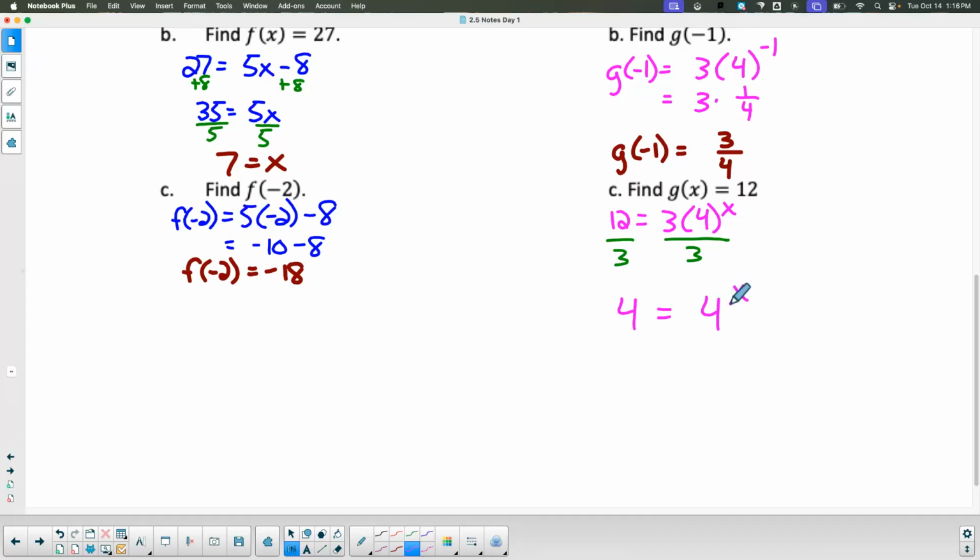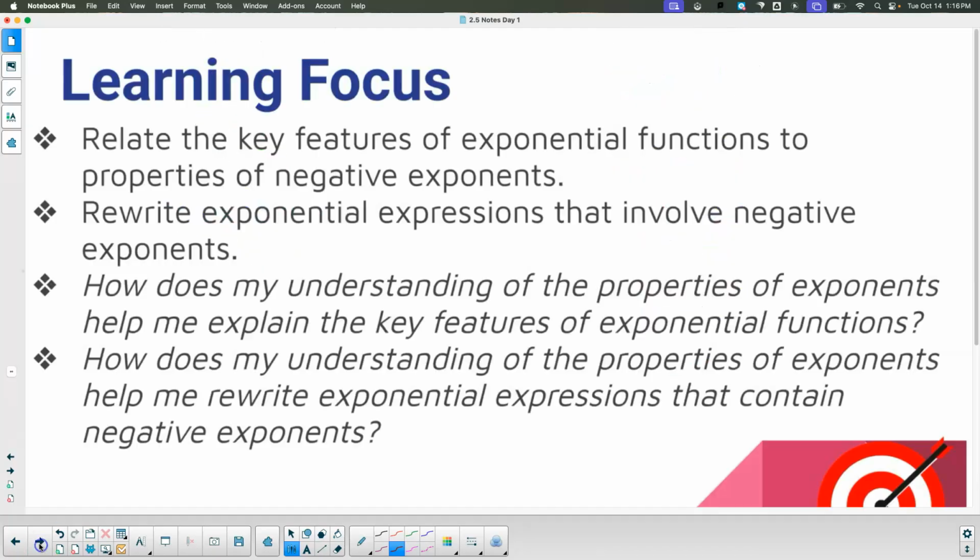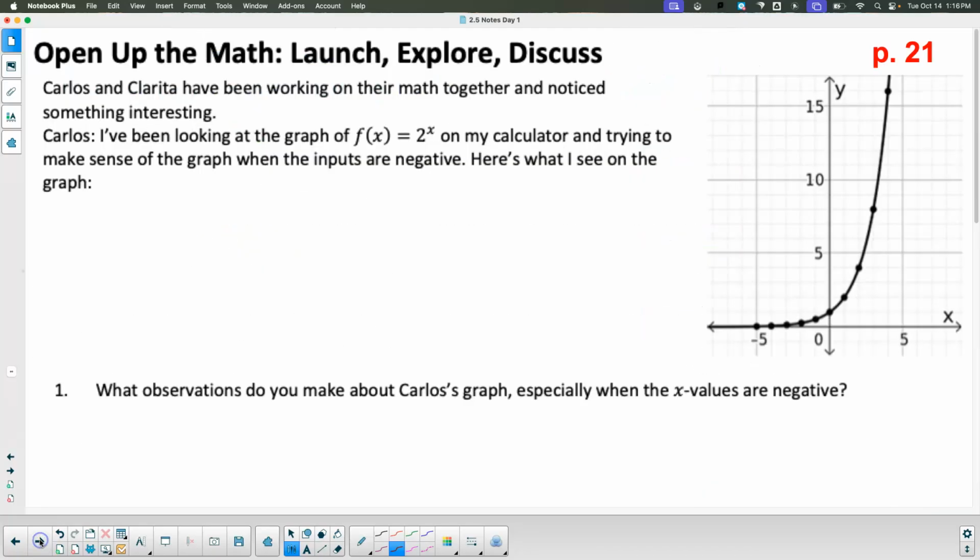Well, what's really my exponent here on just 4? 1. So that means then that 1 has to be x. Okay. Questions, comments, concerns, clarifications? All right. Jump into it here now. Let's go.